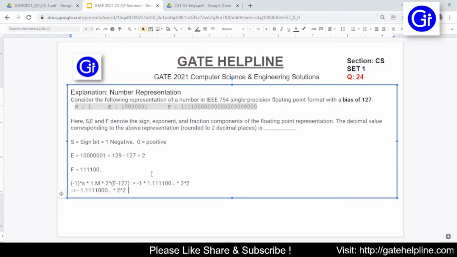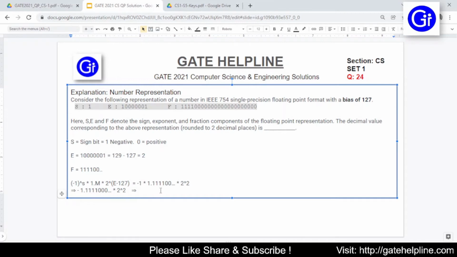Now next thing we'll do is multiply this 2 raised to power 2 with this number. As this number is in binary, if we convert it into decimal, then the bit left of the point will be 2 raised to power 0 and right of the point will be 2 raised to power minus 1, then 2 raised to power minus 2 and so on.